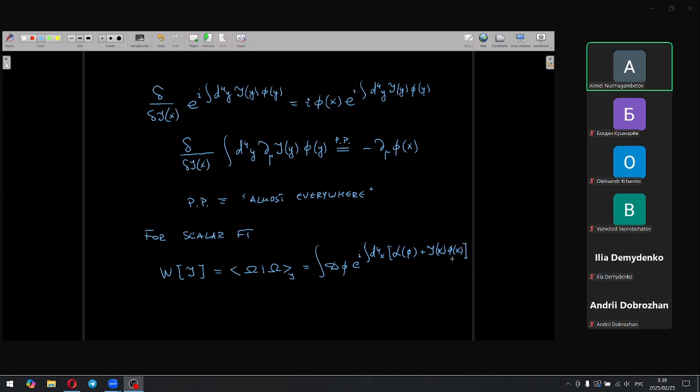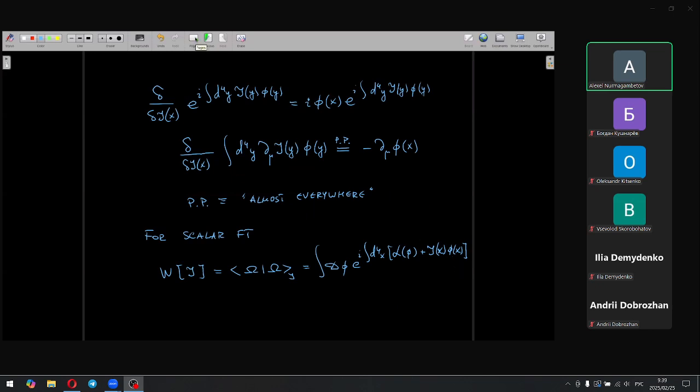So now, by use of this generating functional, it becomes clear that principally some combinations related to the correlation functions, to be precise, to the two-point correlation function, can be derived by functional derivatives of this generating functional over sources.